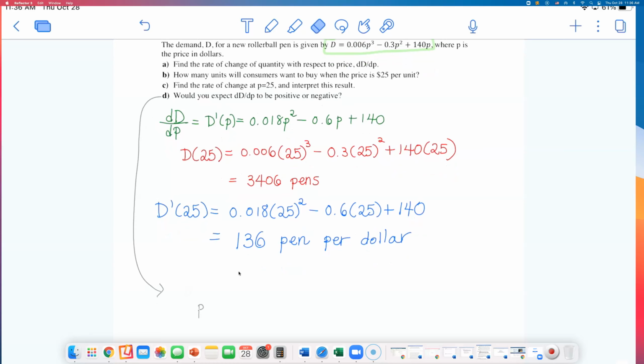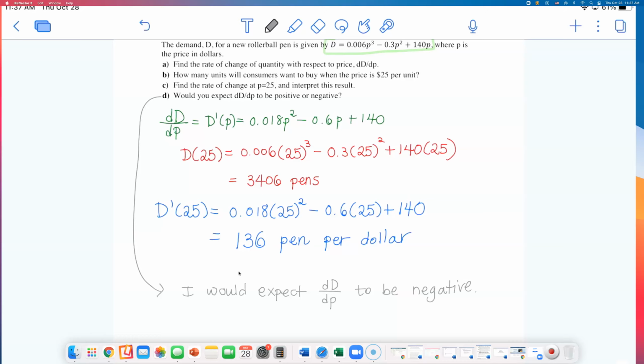I would expect the change in demand per change in price to be negative, because the more expensive an item is, I was thinking the less likely people will want to buy it. Doesn't that make sense? But maybe that's not the case.